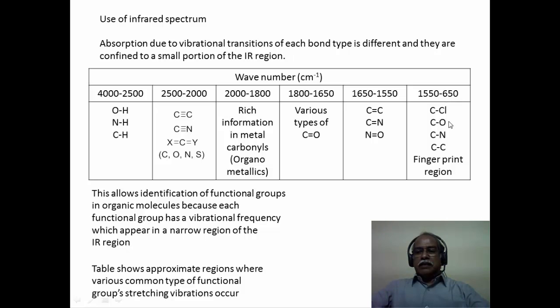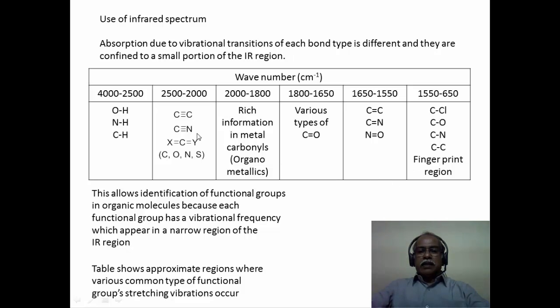One does not analyze this region in a very detailed manner, except to look for some familiar stretching frequencies like the CCl, CO, and CN kind of stretching frequency. One does not look for CC stretching frequency in this region because invariably organic compounds are going to have CC stretching frequencies, and it is probably too complicated to analyze this region for a CC stretching frequency.